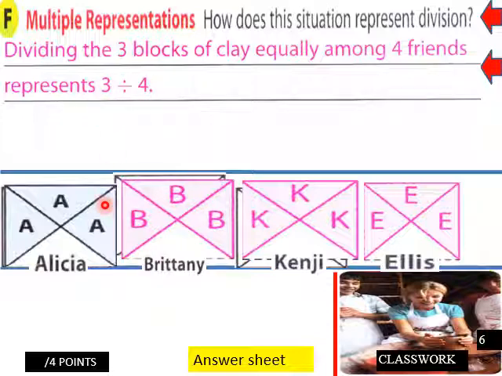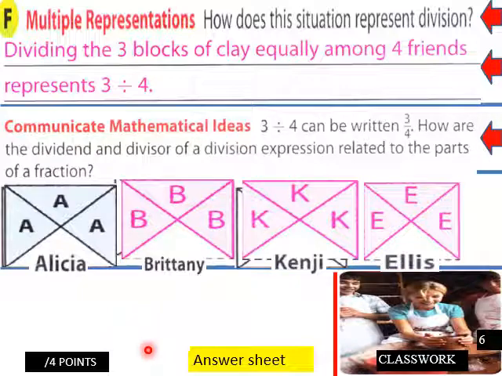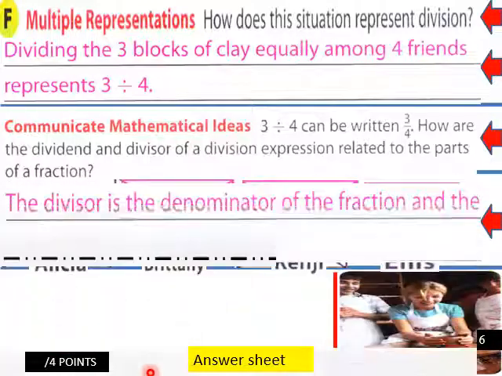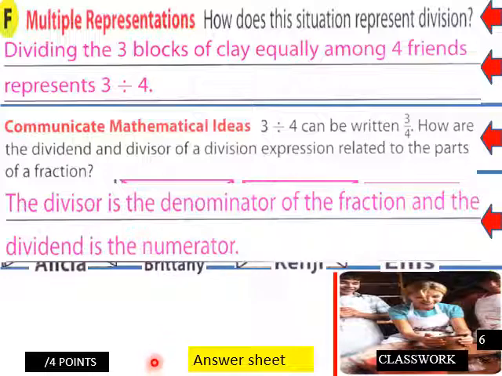So this is basically a visualization of this quotient here. Communicate mathematical ideas. 3 divided by 4 can be written 3/4. How are the dividend and divisor of a division expression related to the parts of a fraction? So that's a good question. The divisor is the denominator, so here would be your divisor. And the dividend is the numerator, so we have 3 divided by 4.